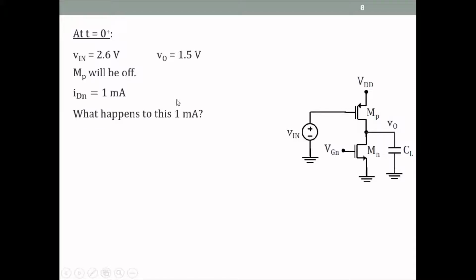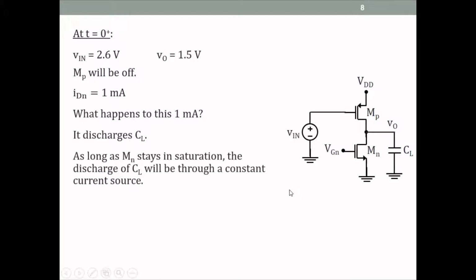So what happens to this 1 milliamp? This 1 milliamp discharges Cl, right? So the current flows from Cl into Mn to discharge the capacitor. Now, what is the shape of this discharge?